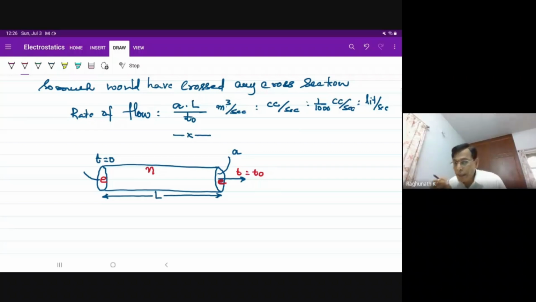Let us consider a case where one specific electron entering the conductor at t equals 0 through one end comes out of the other end at t equals t naught seconds.